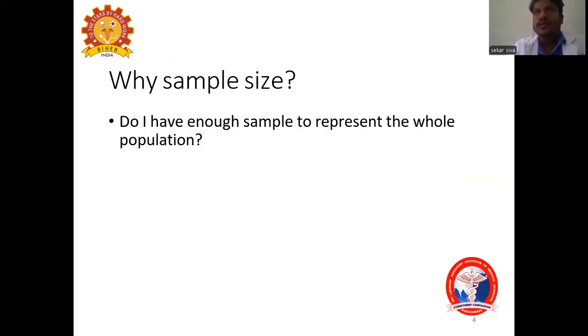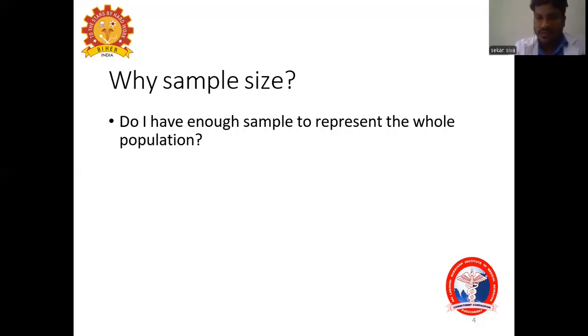We cannot take the whole population into our research. For example, if you are going to see the incidence of tuberculosis or foot ulcer in diabetic patients, so many patients are available in either Tamil Nadu or Pondicherry. You cannot involve all the type 2 diabetic patients in your research.